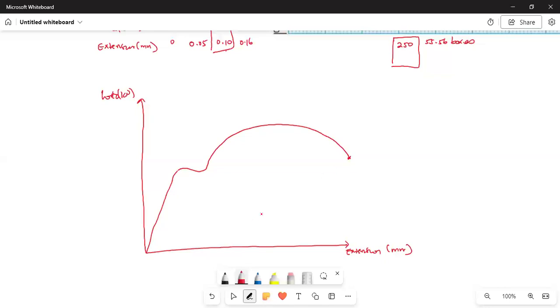In lecture 2, the lecture note, every single formula you require is in that lecture note. So you may have to go back to that lecture note and get the formulas properly. When you plot your graph, from 0 up to a certain point where the straight line ends is your proportional limit.